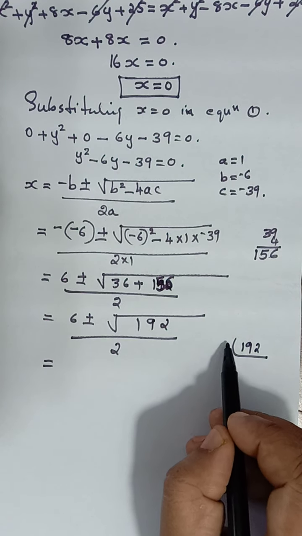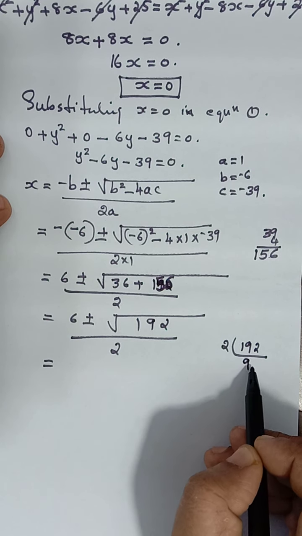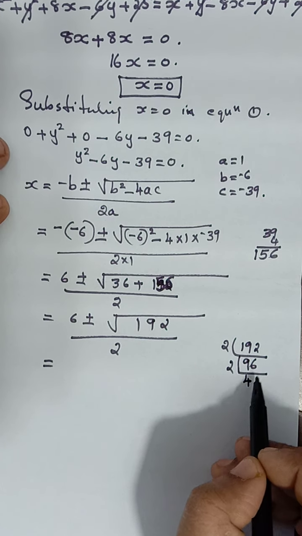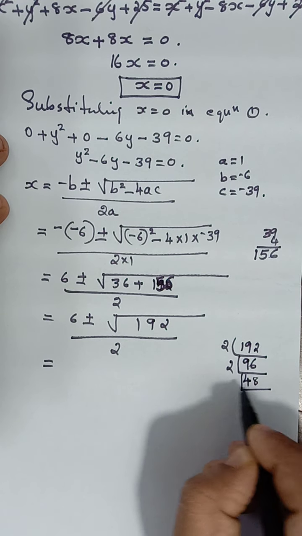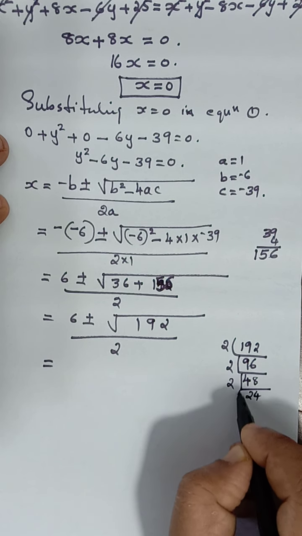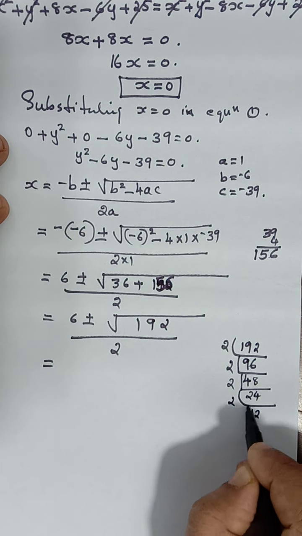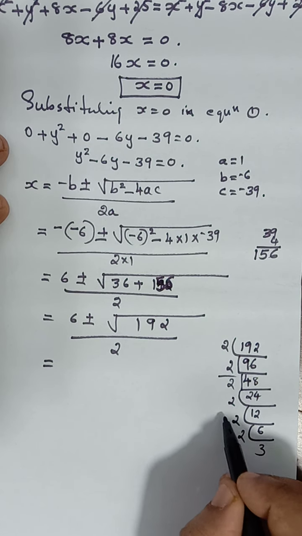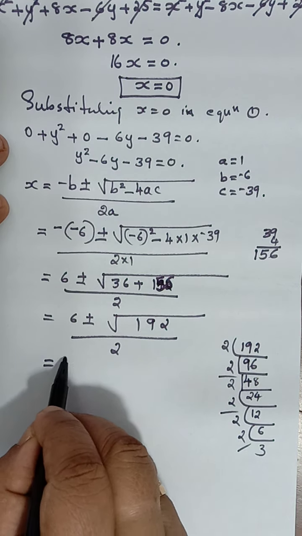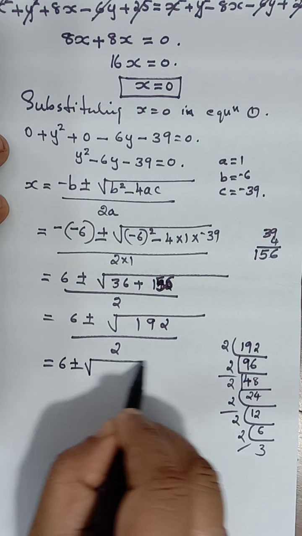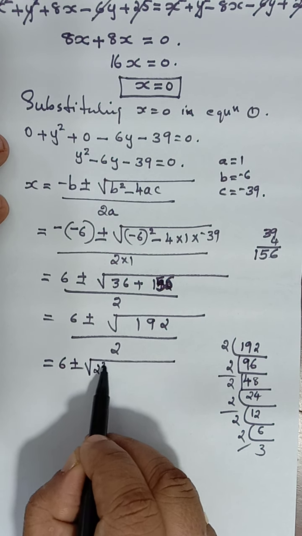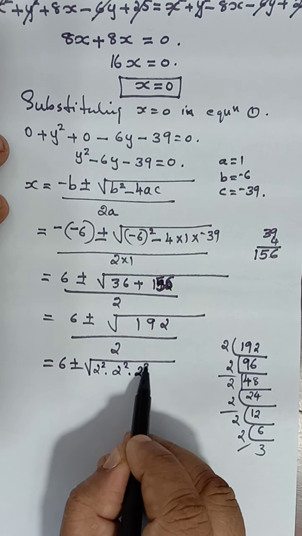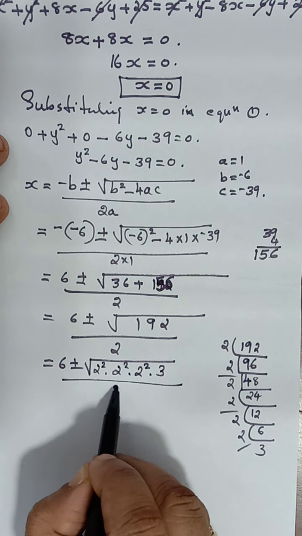By 2 it is 96, 48, 24, 12, 6, 2, 3. Here we have 6 plus or minus square root of 2 square into 2 square into 2 square into 3, divided by 2.